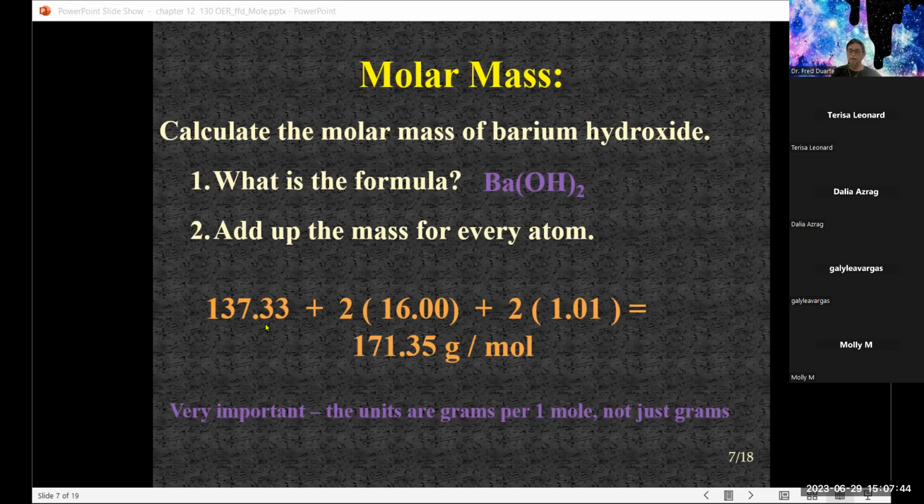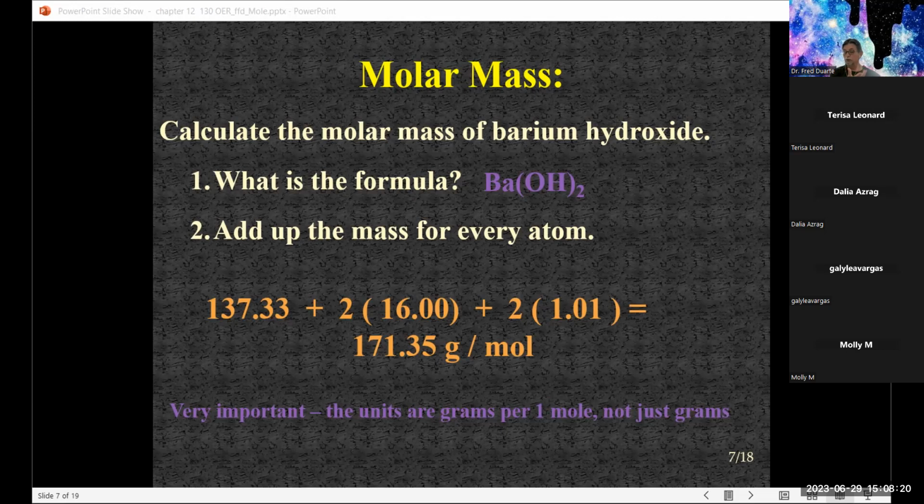Now, if I weigh out 171.35 grams of barium hydroxide, how many individual compounds of barium hydroxide do I have? If I weigh out 171.35 grams, how many barium hydroxide compounds do I have? I have 1 mole.